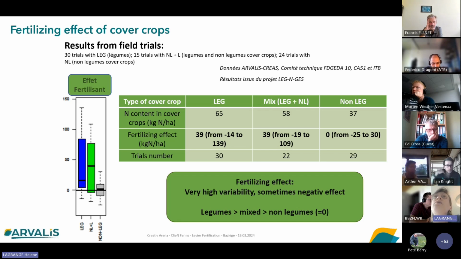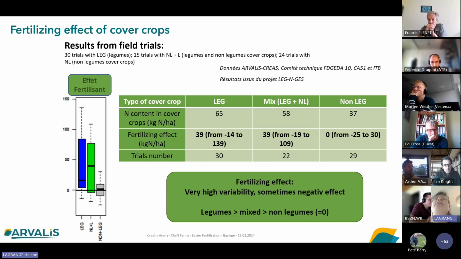So thanks to that, we found the amount of nitrogen in the cover crops. So you can see the results here, and of course there is more nitrogen in legumes cover crop. This is after cover crop destruction.